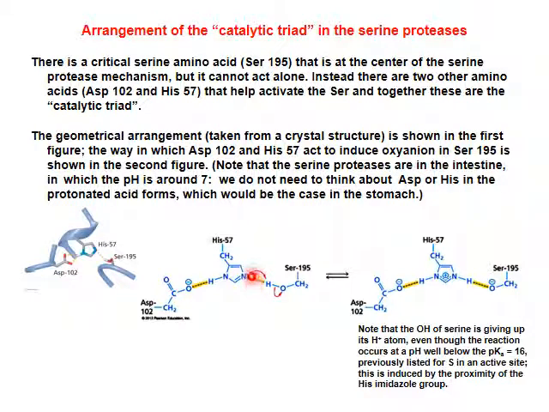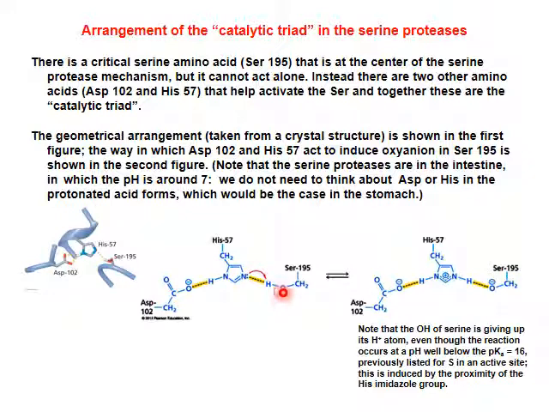Then you have a lone pair of electrons on the other nitrogen of histidine, so this histidine has to be deprotonated in order for this to occur. That lone pair, in an sp2 orbital on this nitrogen, is hydrogen bonding to this hydroxyl group. In fact, it's strong enough to pull it off, causing this oxygen-hydrogen bond to break and form an oxyanion on this serine hydroxyl group.